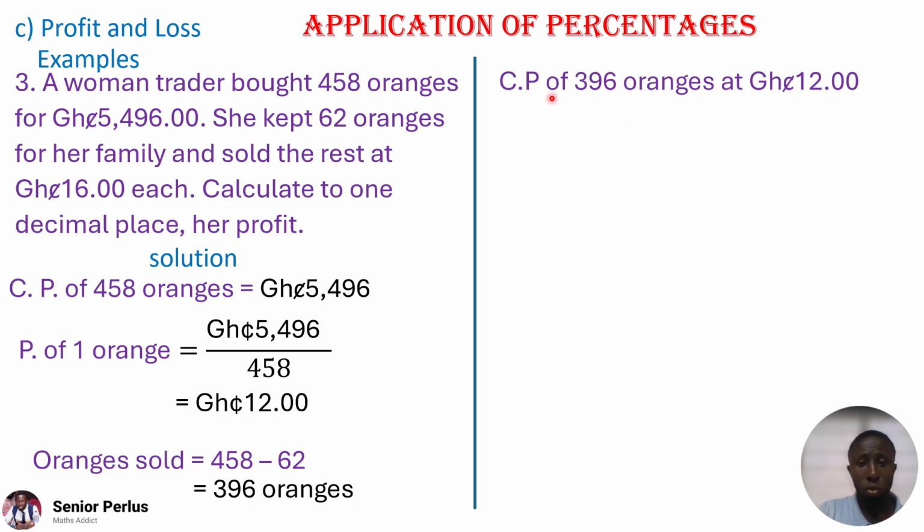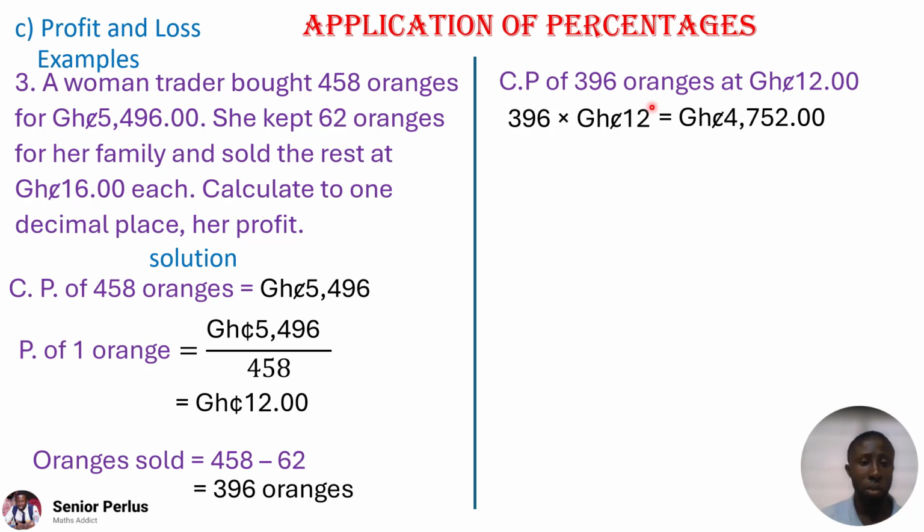So I have to know the amount of money for these 396 oranges. Then I'll get this multiplied by the one orange. Because we say that one orange is 12 cedi, how much would 396 oranges be? Yes, it's this, and that will be our cost price now, okay? That will be our cost price, because that's what the woman sold, the rest.